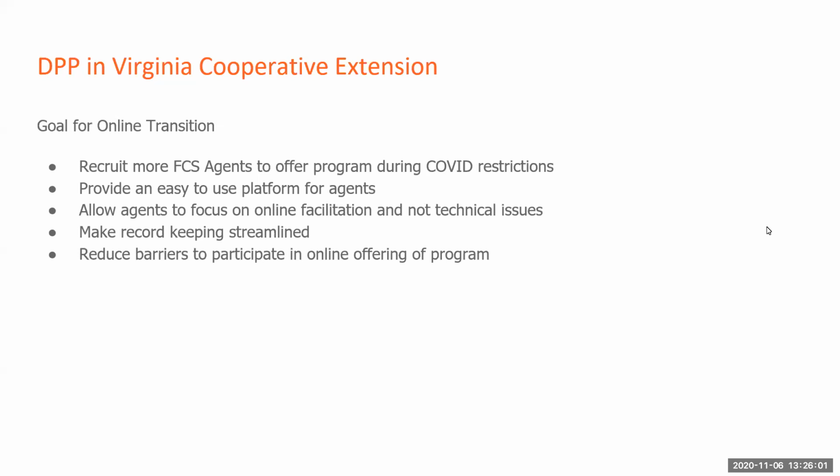And so we wanted to have a platform that has everything built in, so they didn't have to be thinking about where things are and what they needed to do and where they need to put their data. So we really want them to focus on facilitation and not those technical issues of managing all of these pieces of the program. We wanted to help them streamline their data.